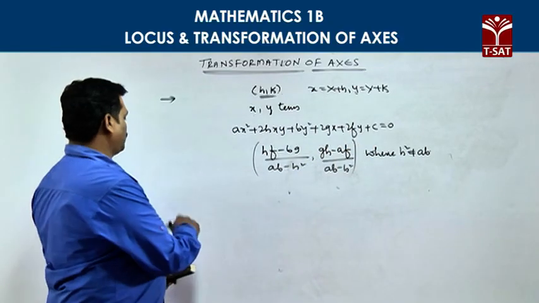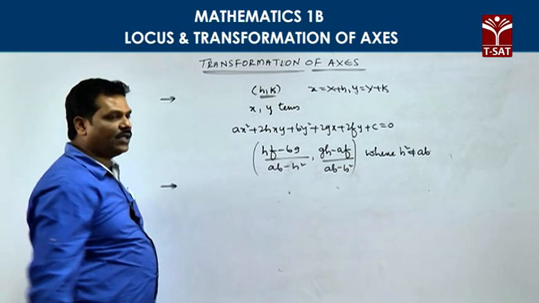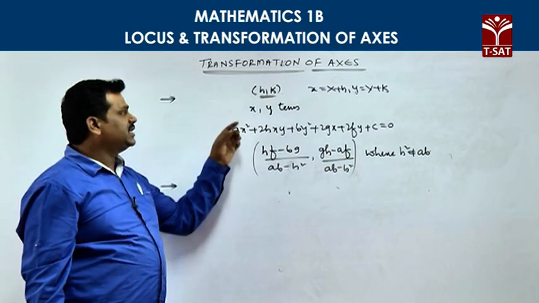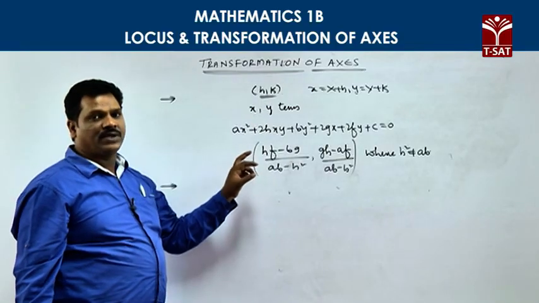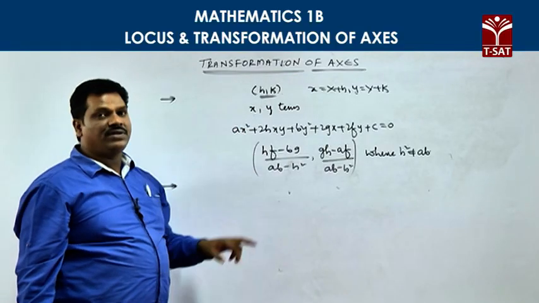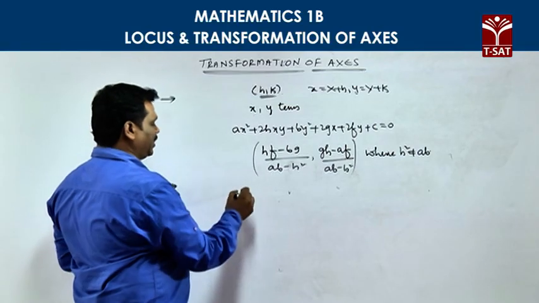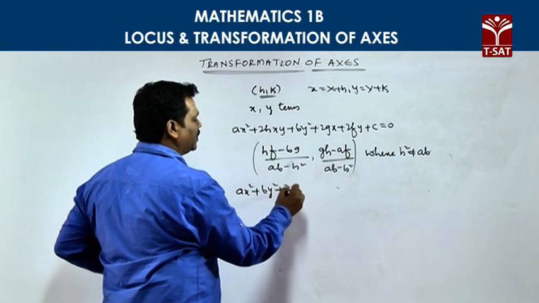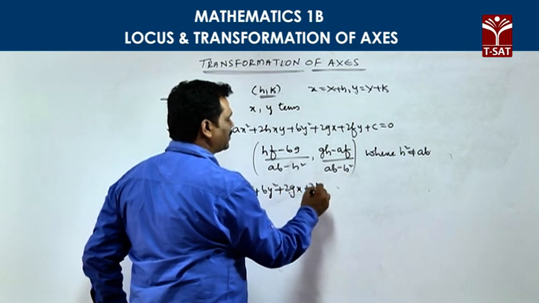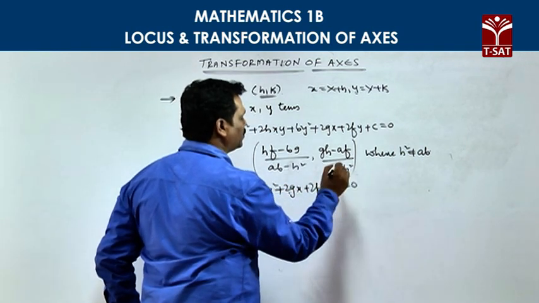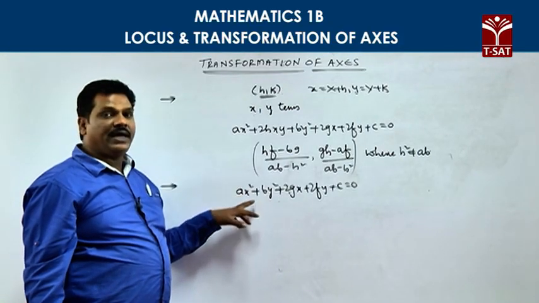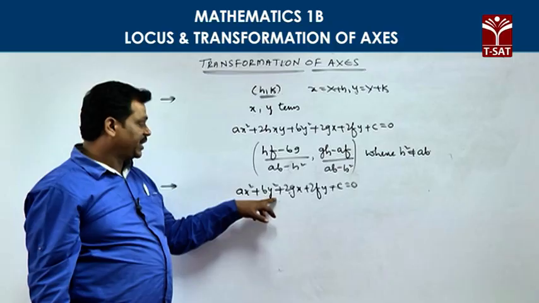Okay. Next point, same method. The point to which the origin has shifted (h, k), eliminating the x and y terms in the equation ax² + by² + 2gx + 2fy + c = 0.